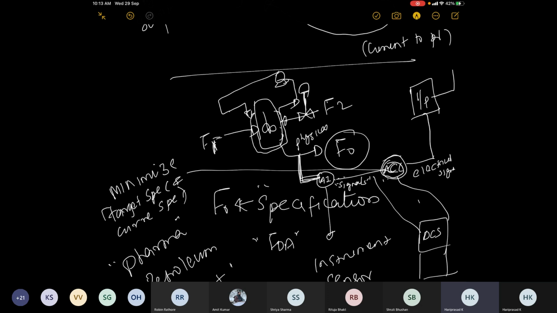So there would be instrument air that would come. It is called instrument air, which essentially means that if you go to a physical plant or even the process control lab, you may see a huge compressor which is working, and the compressor lines would be going everywhere.